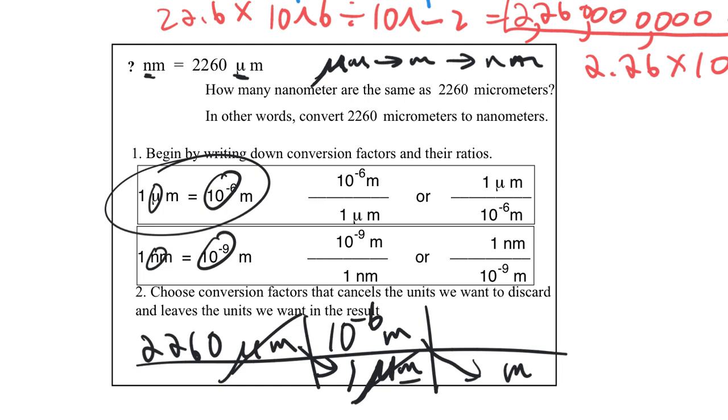And I'm going to nanometers. Nano stands for 10 to the negative 9. And you put that next to the basic unit, the one who doesn't have a prefix.